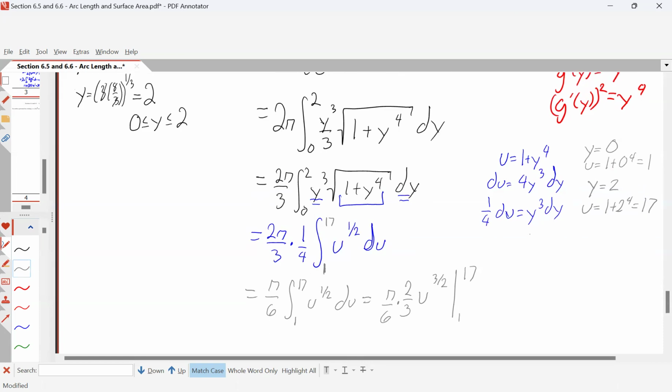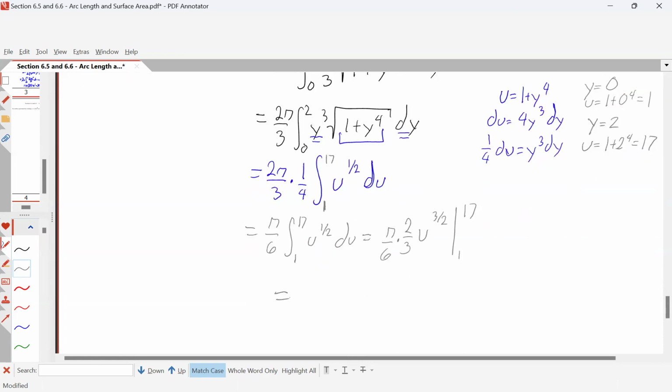And now plugging in those bounds, pi over 6 times 2/3 is pi over 9 times our upper bound of 17 to the 3/2 minus 1 to the 3/2. 17 to the 3/2 is not a number we can evaluate easily by hand, so we're going to leave that as 17 to the 3/2.